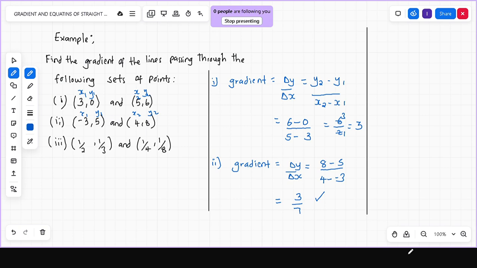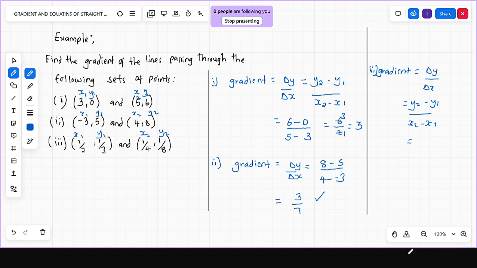Coming to the third line, number 3, we call this one x1, this one y1, this one x2, this one y2. So the gradient equals delta y over delta x, which is y2 minus y1 over x2 minus x1.